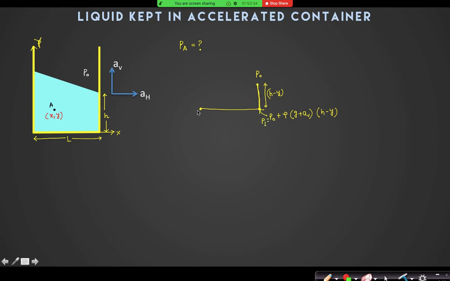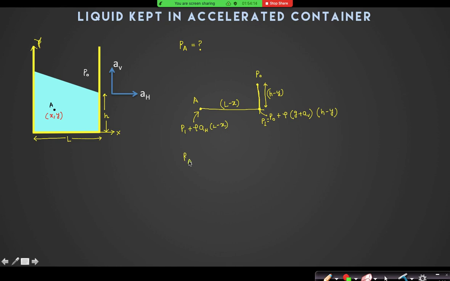And from P1 to PA, I am moving opposite to the direction of AH, so the pressure should increase. If I am moving horizontally, the pressure gradient is rho into a. If this length is L minus X, the change in pressure is rho AH into L minus X. So this pressure will be P1 plus rho AH into L minus X. Have we got it?